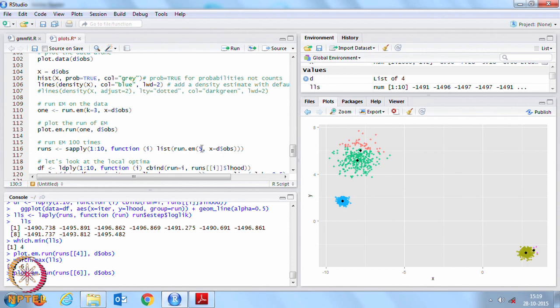So, I made a mistake. The reason is I gave k equal to 3 here. So, it is okay. So, you see what it has done. I gave k equal to 5. So, it has estimated 5 different components. You see, these are the means of the components. So, it has tried to fit 5 Gaussians instead of 3.